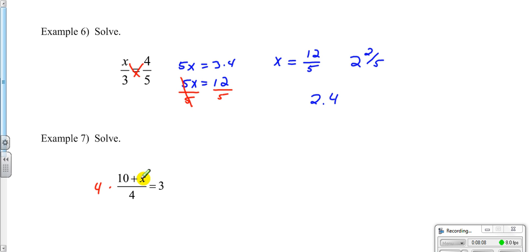Now this process can be confusing because someone would say, well, that's minus 10. But it's all being divided by 4. So in actuality, I have to take care of the division first. Alright, so I'm going to multiply both sides by 4.